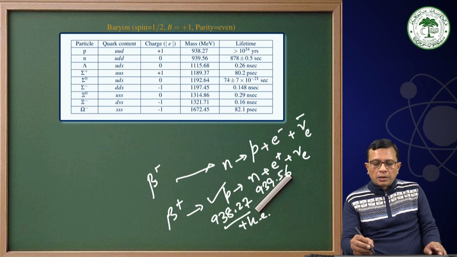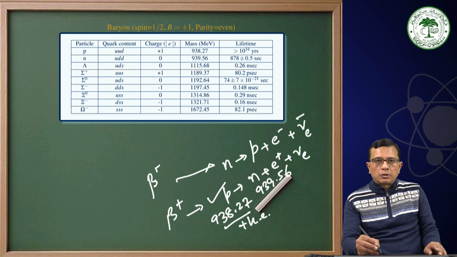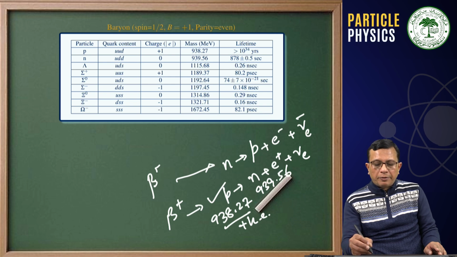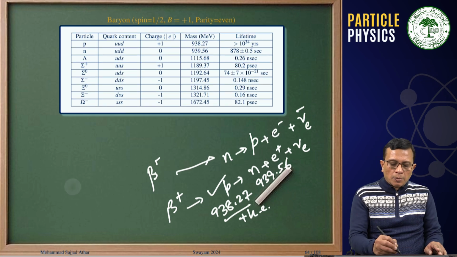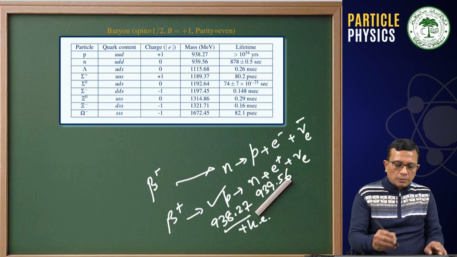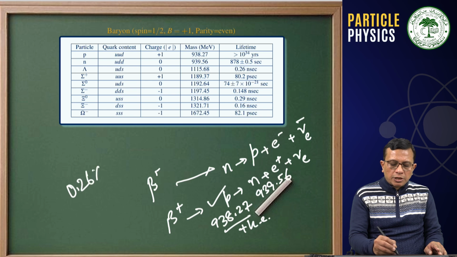Then we have lambda, whose mass is 1115 MeV and whose lifetime is 0.26 nanoseconds, 0.26 into 10 power minus 9 seconds.